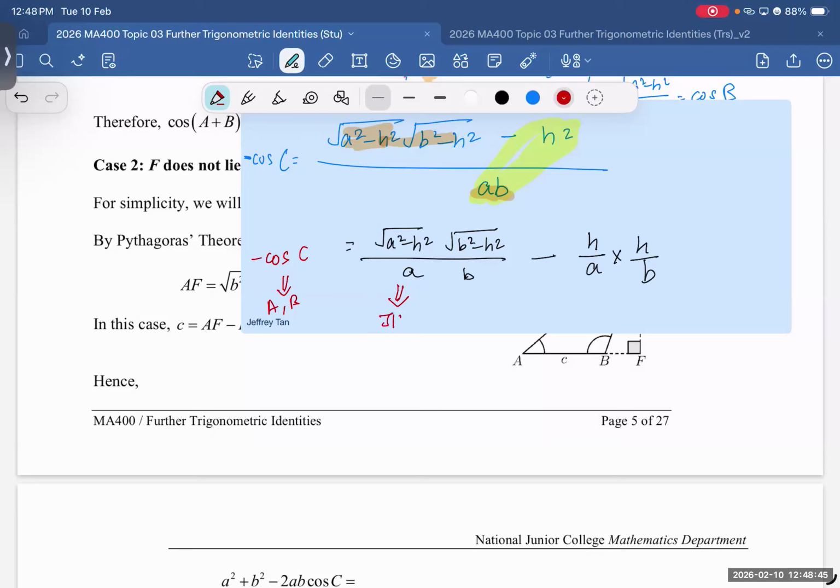Sitong, Evie, Teresa, express this as a single trigo ratio. When you're ready, tell me the answer. Anyone can help them.